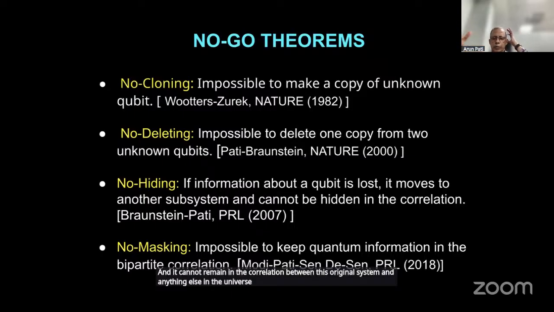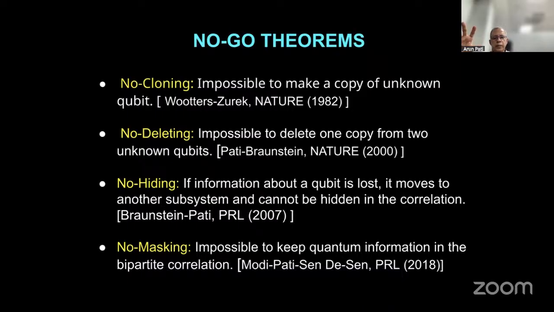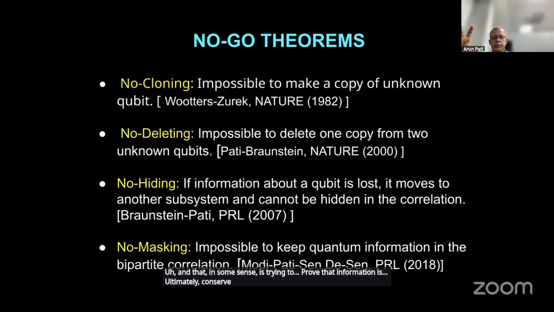That means you cannot hide it in the correlation. In some sense, this proves that information is ultimately a conserved quantity. If you lose it from here, it must be sitting in some corner of the universe.